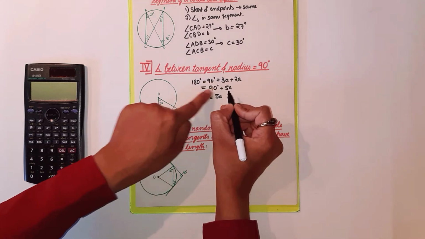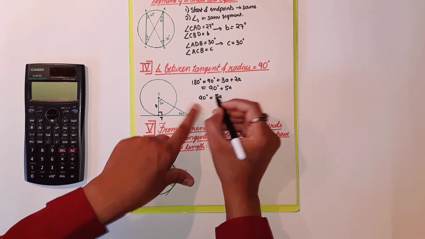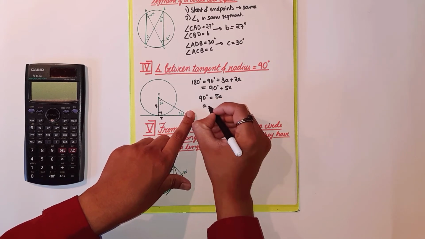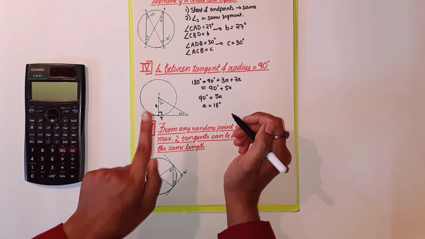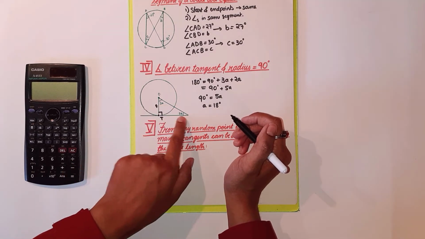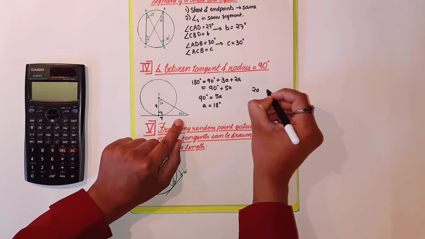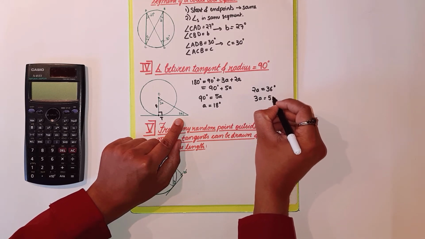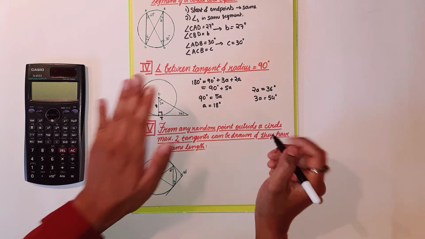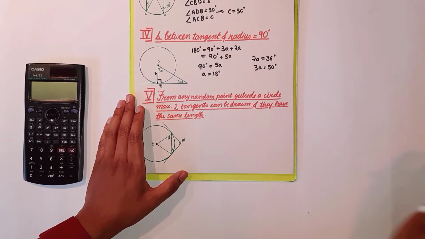I've moved the 90 degrees over here, subtracted it from 180, so that's why 90 degrees over here. And then we have a is equal to 18 degrees. We're not done yet because we have to find these angles. So the 2a would be 36 degrees and the 3a would be 54 degrees. There we have it, an easy rule with tangents.